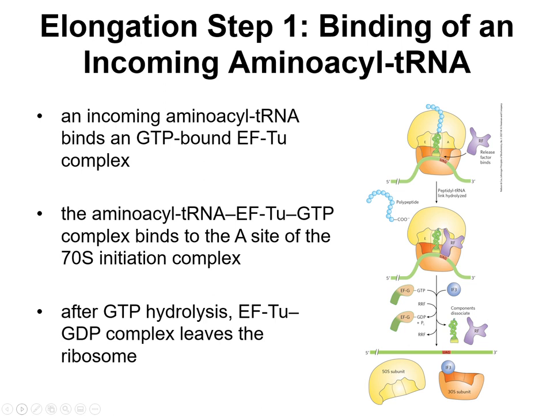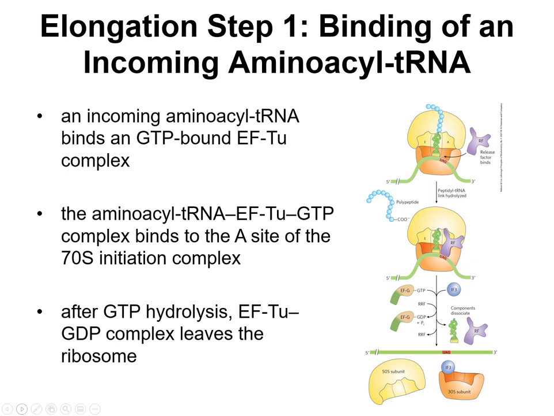So what has to happen with our initiation complex is we have to have the binding of an incoming aminoacyl tRNA, and then that tRNA has to transfer its amino acid to the initial methionine, and a peptide bond needs to be formed. So how does that happen?